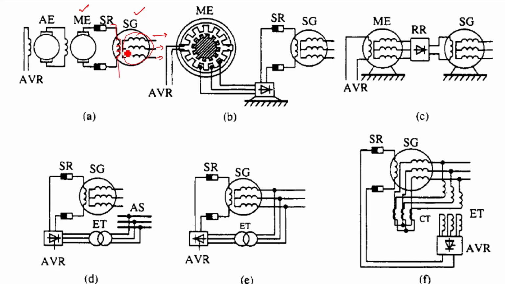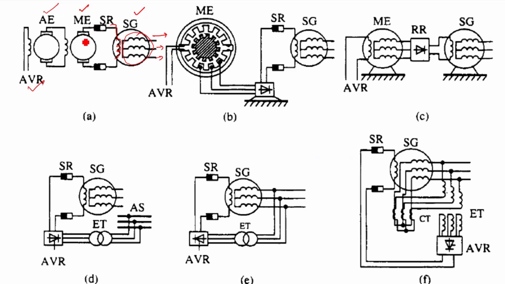This main exciter plays a very important role. In fact, this main exciter is also driven by an auxiliary exciter. The auxiliary exciter supplies the field of the main exciter, and then the field of the auxiliary exciter is supplied via the AVR, the automatic voltage regulator.